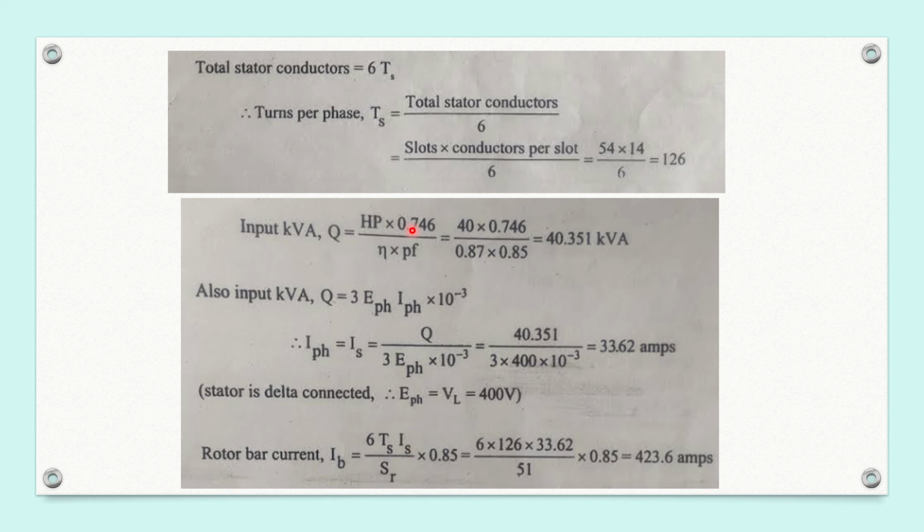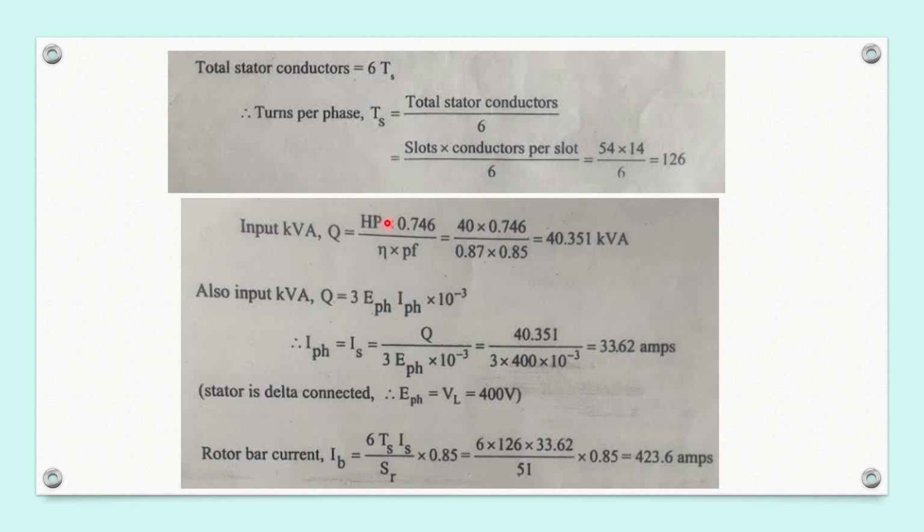Okay. Since the stator is at the input side, the stator current should be calculated from the input power rating, the input kVA or input apparent power rating. So what we have is the output rating in HP.